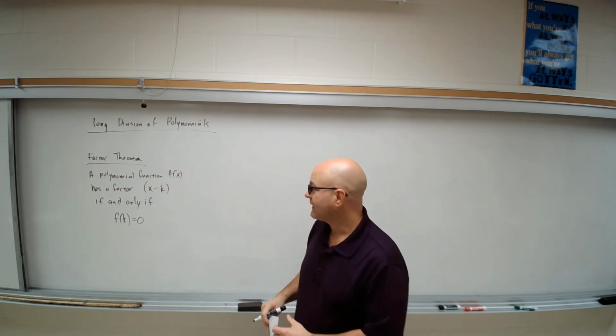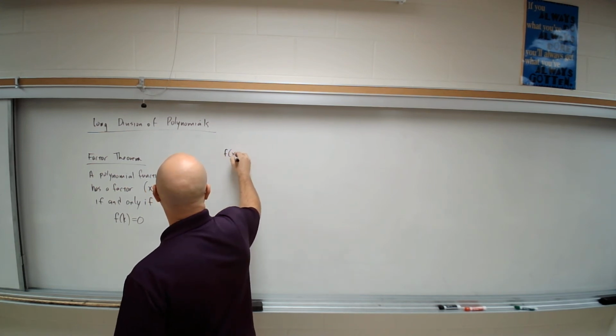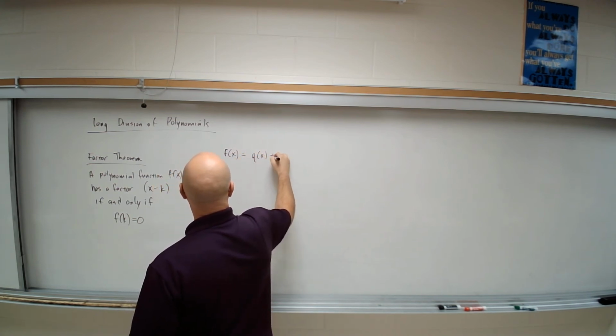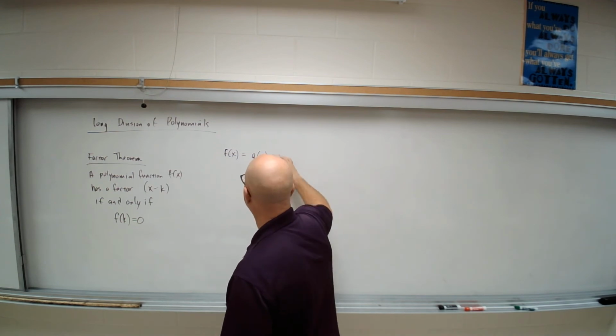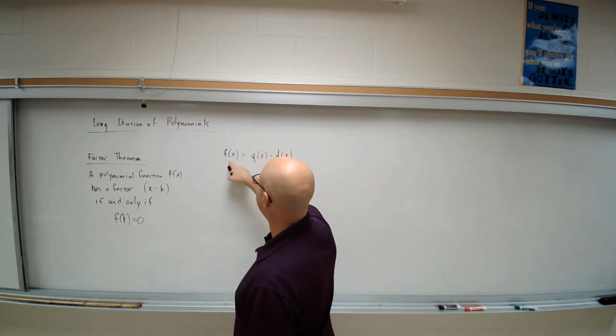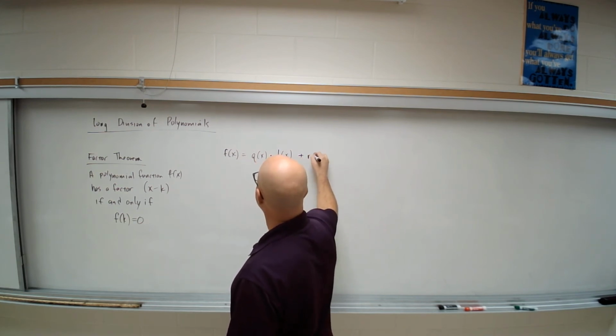But another way to look at this is, if you look at this rule, we had f of x equals the quotient times the divisor, and then plus the remainder.